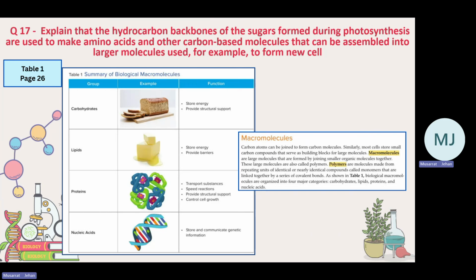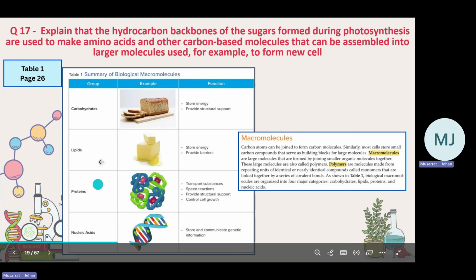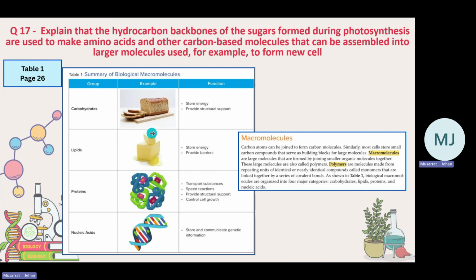Next lesson is about the building blocks of life. So what are macromolecules? You have to go through page 26, table 1. What are macromolecules? Carbon atoms can be joined to form carbon molecules. Similarly, most cells store small carbon compounds that serve as building blocks of large ones.